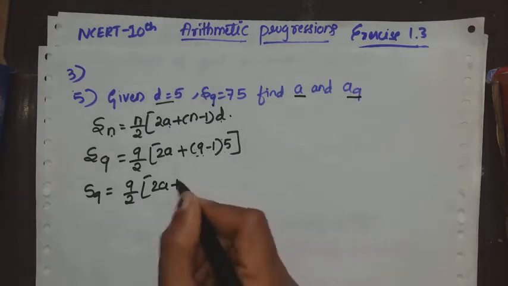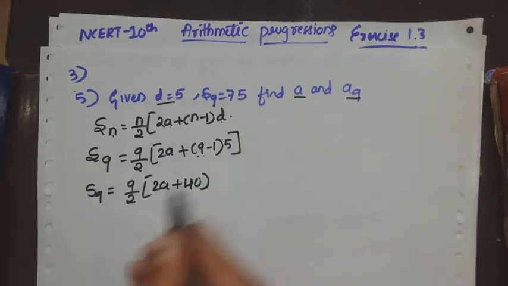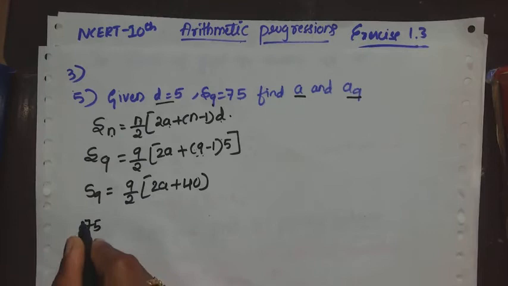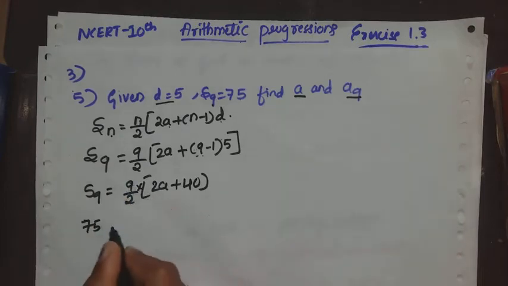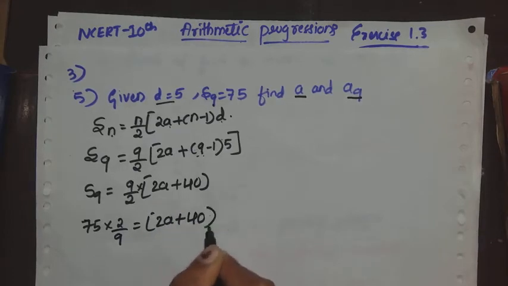8 fives are 40. S9 is given as 75. So 75 into 2 by 9 equals 2a plus 40.